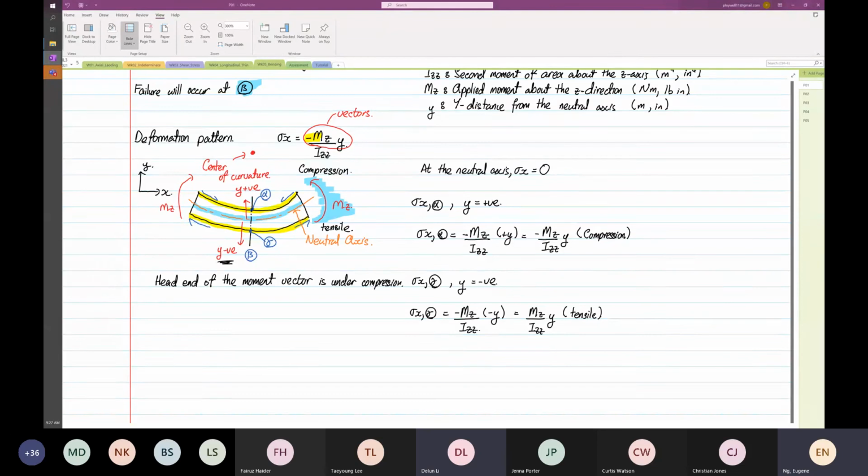This is what I call the head, and over here, this is what we call the tail end. You can remember: tail is tension, head is what? Compression. The tail end of the moment vector is under tension.